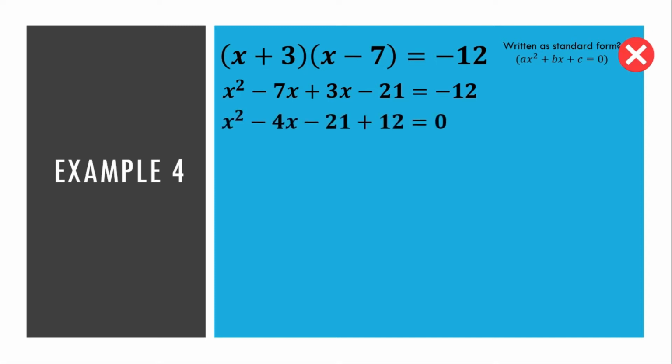Combine like terms, we will have x squared minus 4x minus 21 plus 12 equals 0. So, x squared minus 4x minus 9 is equal to 0 kasi negative 21 plus 12 is negative 9. So, yan na yung standard form ng ating equation. Ngayon, pwede na natin kunin si a, b, and c. Si a is 1, si b is negative 4, and si c is negative 9.